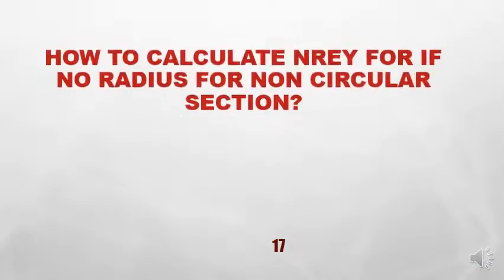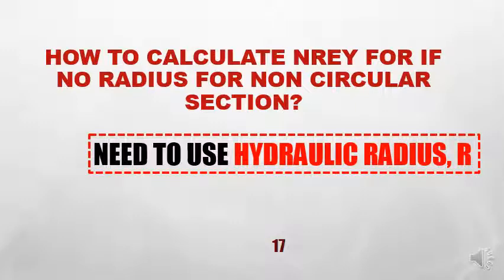In order to determine the Reynolds number in a non-circular area, there is a method that uses the hydraulic radius. If you still remember, the Reynolds number formula is rho v d divided by mu. Now this d can no longer be used because the pipe is no longer circular.